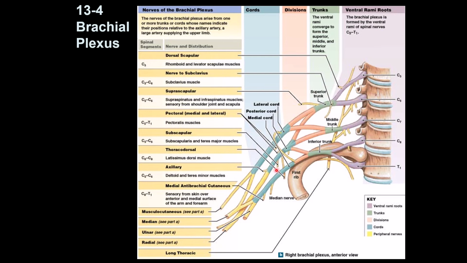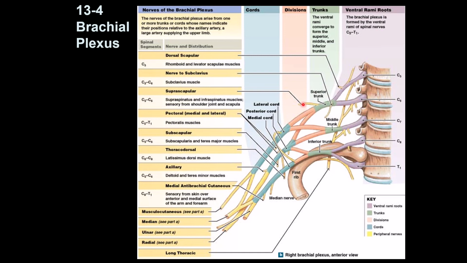Okay. So this one is called dorsal scapular, and that supplies the rhomboid minor and major, and levator scapulae muscles. This one is called the subclavius nerve, and that's supplying the subclavius muscle.